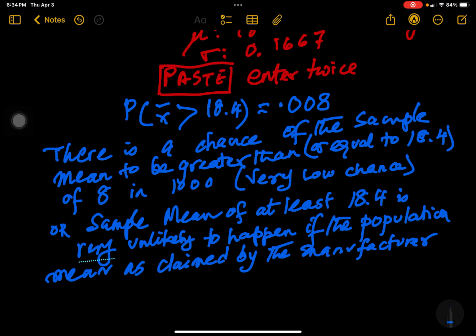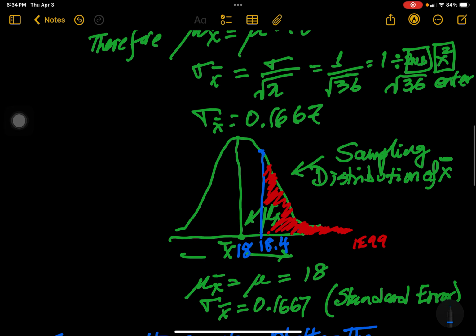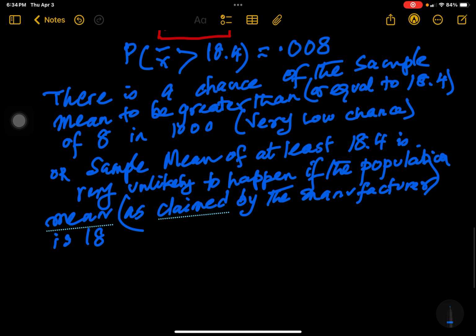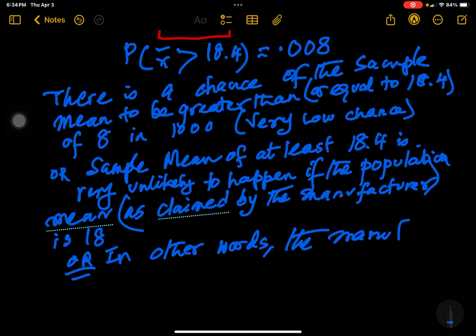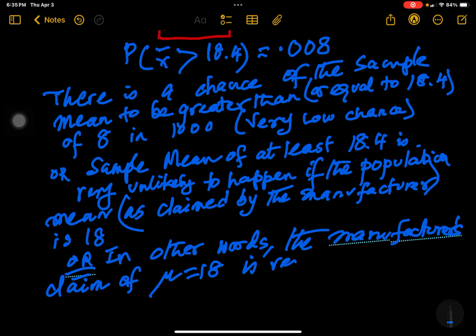A sample mean of at least 18.4 is very unlikely to happen if the population mean as claimed by the manufacturer is 18. In other words, the manufacturer's claim of population mean equal to 18 is very unlikely to happen.